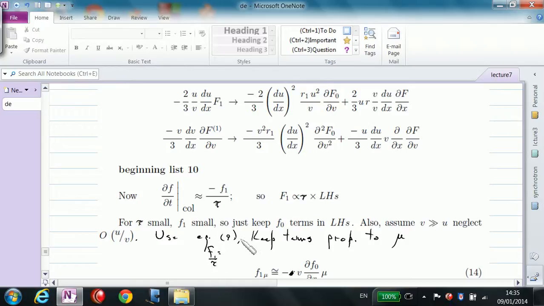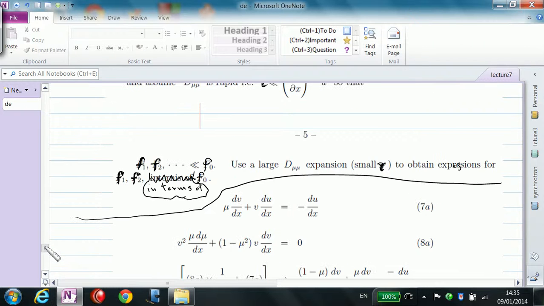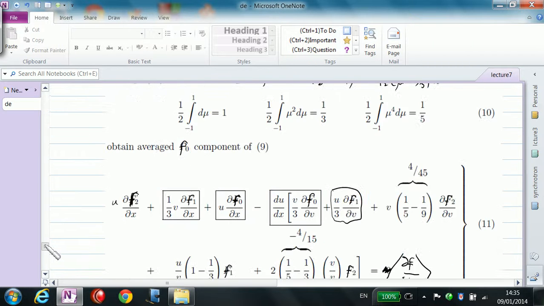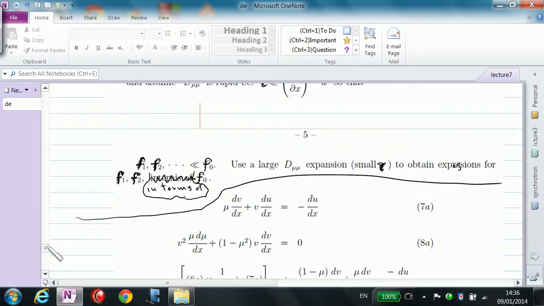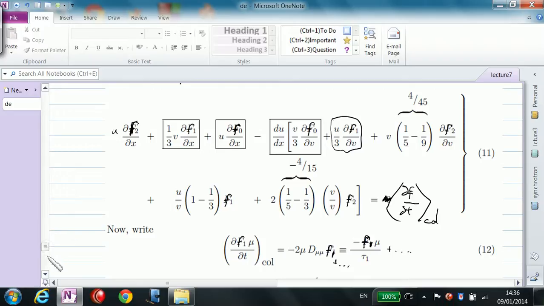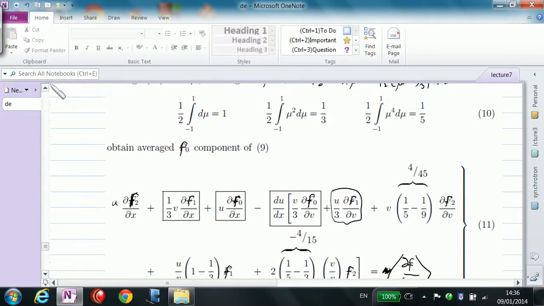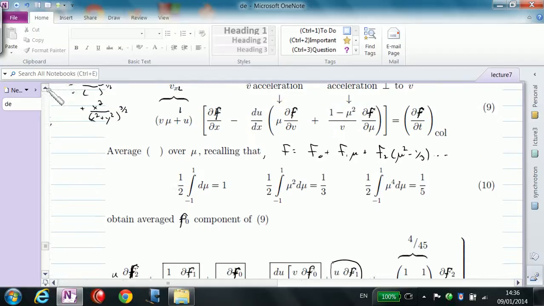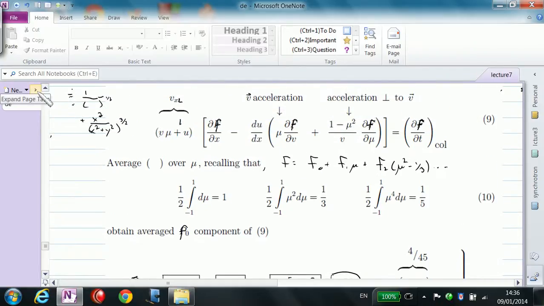over tau, and there's a minus here. And there should be a mu in here. Just a second. What was equation 9? It's impossible to scroll here.